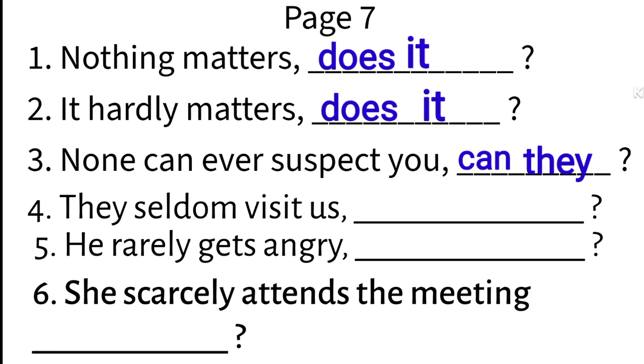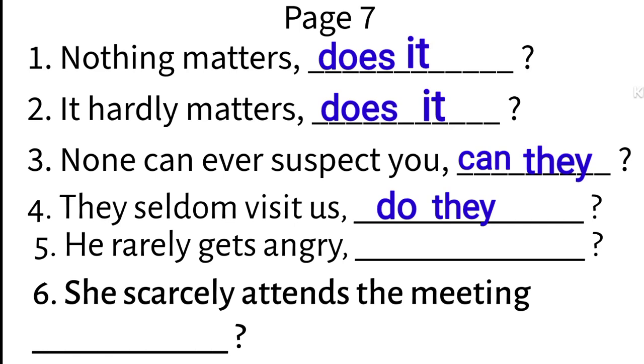In the fourth sentence, the verb visit is in V1 form, that is original form. Therefore, we have to select do for this. It will not become don't because this sentence is negative because of the word seldom, and the subject is already in the form of a pronoun they. Therefore, we'll put they as it is.